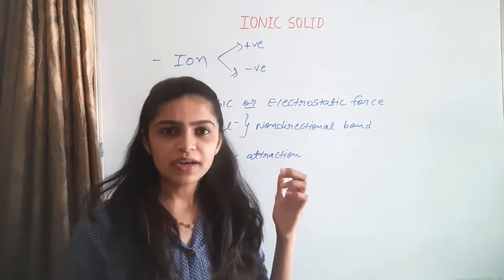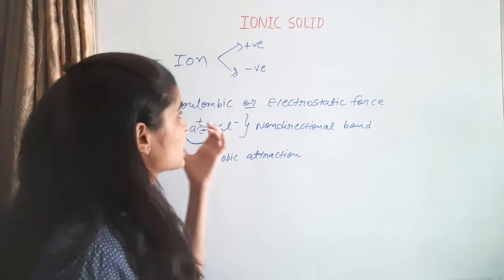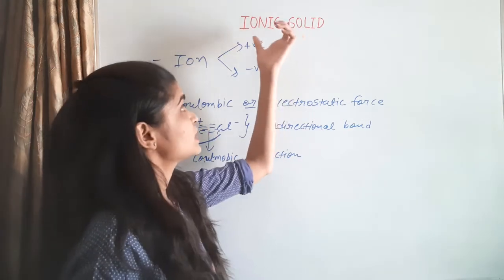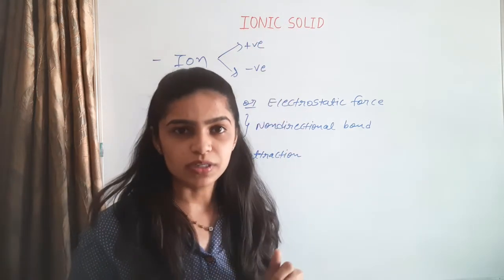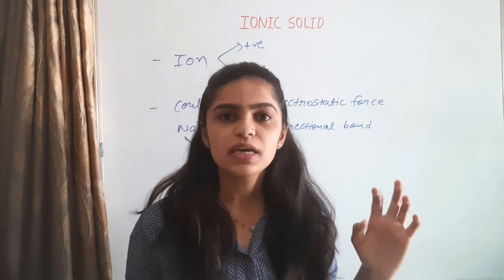In ionic solids, ions are held together by these forces. Their arrangement is regular because they are part of a crystalline solid. In crystalline solids, the arrangement of all constituent particles is regular.